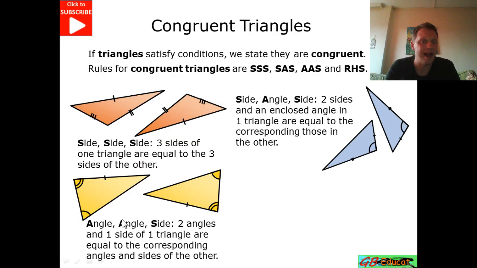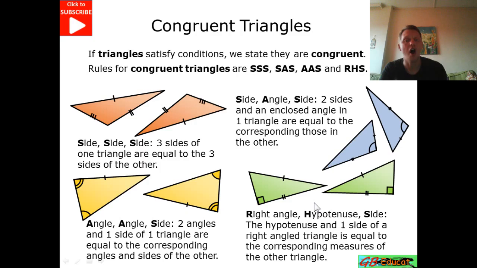When we've got an angle angle side, we are looking for two angles which are equal in both shapes, but also the corresponding side is equal. But that has to be in the same position in both triangles. So for this, for instance, with this triangle, if this dash was here, we could not state that these two triangles were congruent.